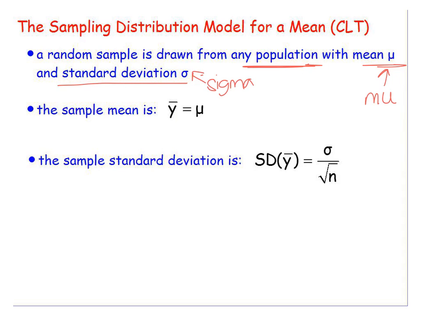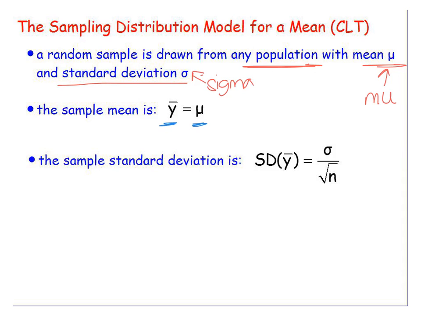The sample mean, which we signify with y bar, just happens to be the exact same mean as the population. So that's the nice thing. The population mean and the sample mean are exactly the same. However, the sample standard deviation is not.